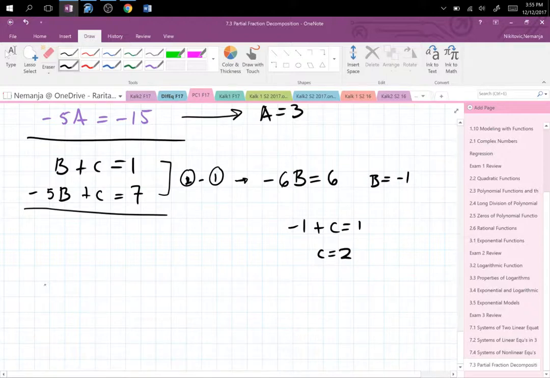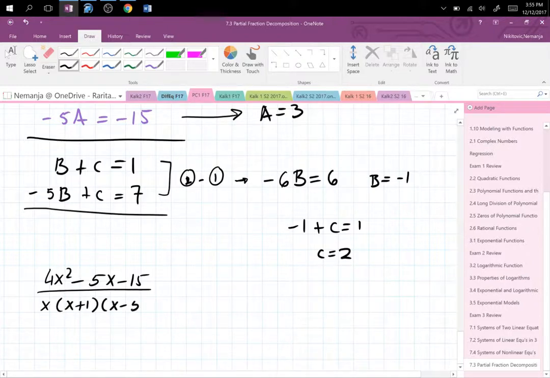So what's the answer? The question said 4x squared minus 5x minus 15 divided by x plus 1, x minus 5 is equal to 3 over x minus 1 over x plus 1 plus 2 over x minus 5.